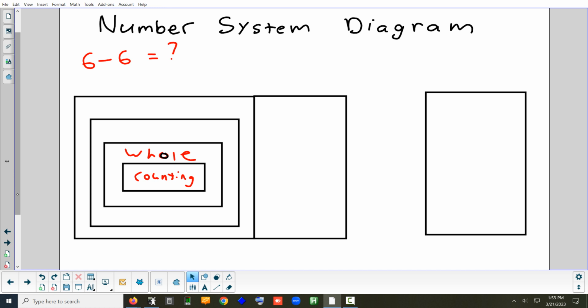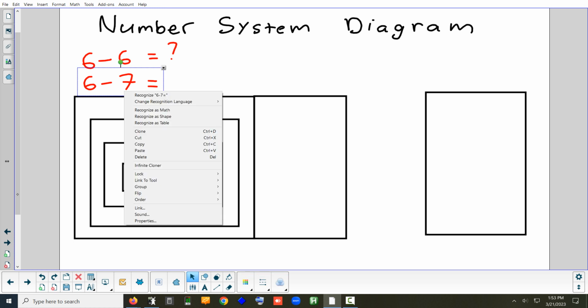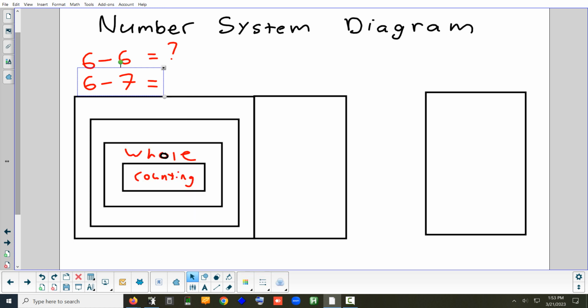But there are other kinds of arithmetic problems we could still have an issue with. Somebody give me another counting number. 7. Let's do 6 minus 7. Everybody agrees 6 is a counting number? Yeah. 7 is a counting number? Yeah. So I'm doing a counting number minus a counting number, but the answer is not a counting number.